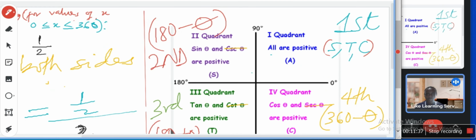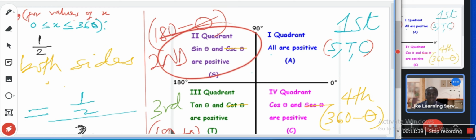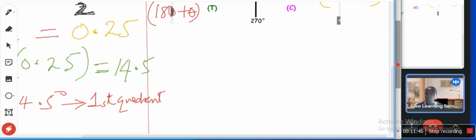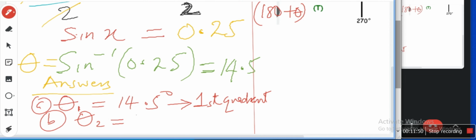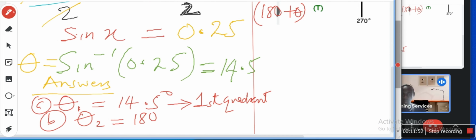The next place sine is positive is here. And you will do 180 minus theta, where theta is that angle you found. So 180 minus theta gives us 180 minus 14.5.